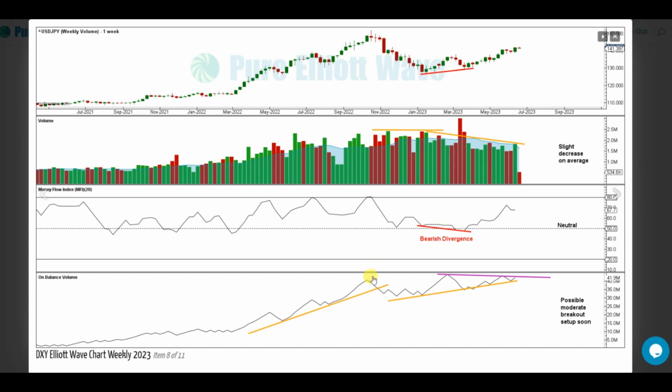On balance volume is also showing a pretty good range between the top here, which shows 2 tests, and the bottom, which shows maybe about 7 tests. And this line is moderately significant due to the slope and how many tests it's had, being held since late 2022. So we could see a potential breakout from this setup coming soon.